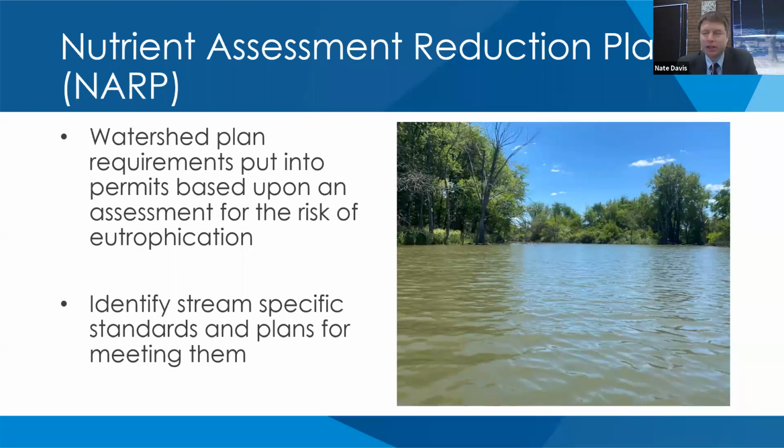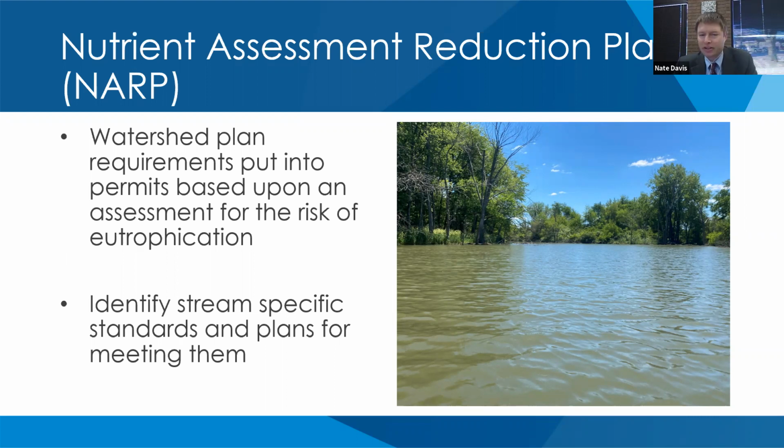Another thing they've included in this permit special condition is some language about a nutrient assessment reduction plan, or NARP. And this is really up to EPA. Whenever permits become due now, Illinois EPA for major dischargers is performing a risk assessment for eutrophication.